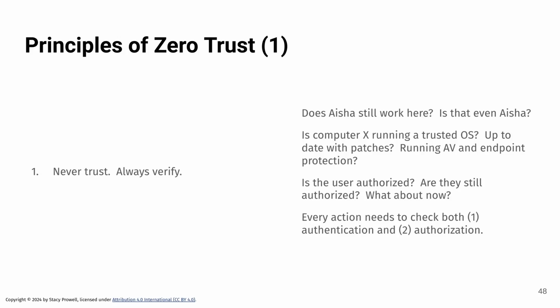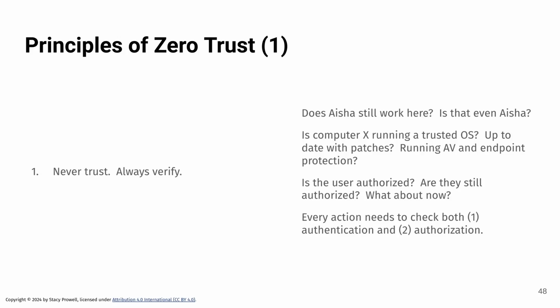Try to never trust and always verify. Now, clearly that's, again, aspirational. We're going to have to trust something at some point, right? A database that holds passwords, something, we'll have to trust something. But try to minimize trusted things and maximize trustworthy things, right? That's the principle we're trying to get to.